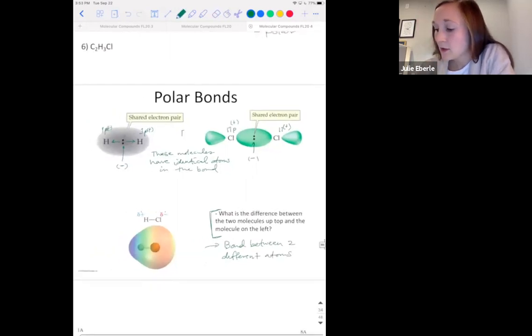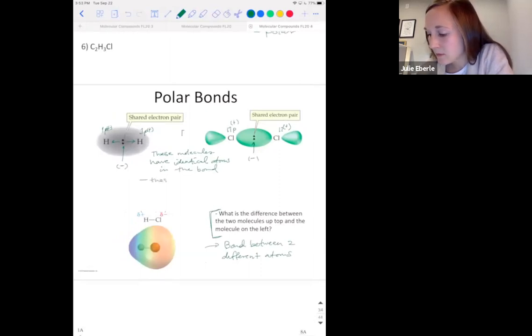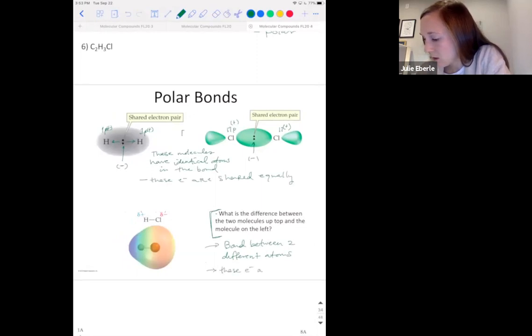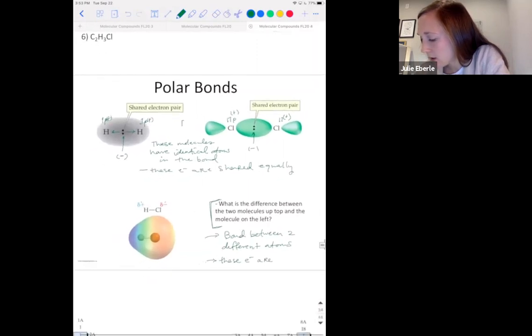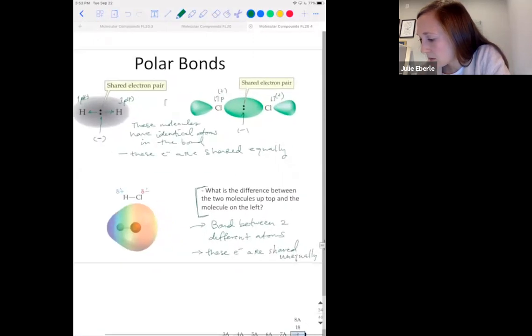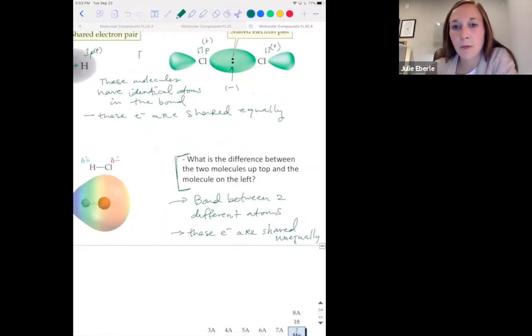All right, so what that means is that these electrons up here are shared equally. And these electrons are not, or are, I will say, shared unequally. All right, they are shared unequally. The molecules on the top, they're sharing the electrons equally.